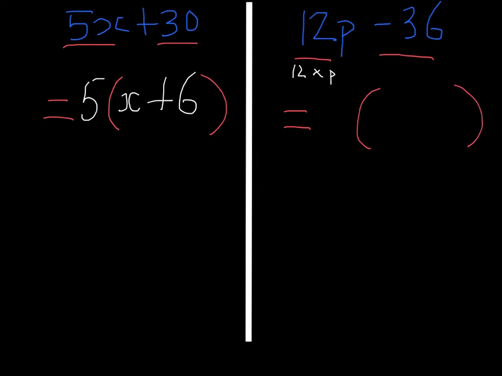Yet again, we're going to be able to get p on its own because the highest common factor is 12. You can divide 12p by 12, which is going to give you p on its own. And negative 36 divided by 12 is going to give you negative 3.